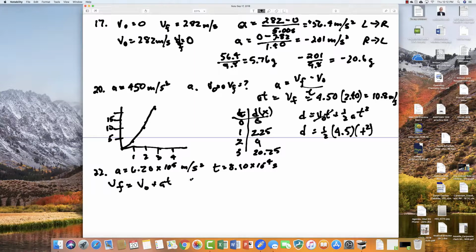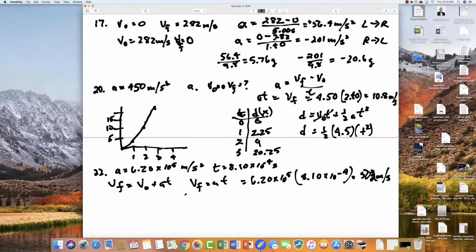V0 is 0, so VF is going to equal AT, which is 6.20 times 10 to the 5th times 8.10 times 10 to the minus 4, which equals 502 meters per second. I wrote 3, but it's 502 meters per second.